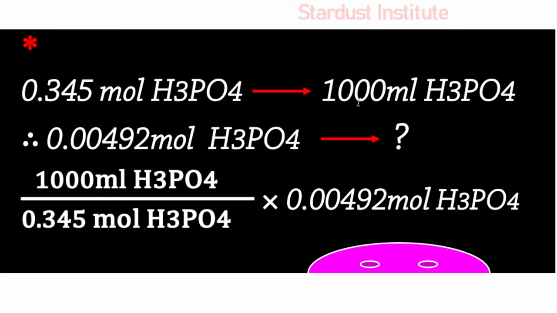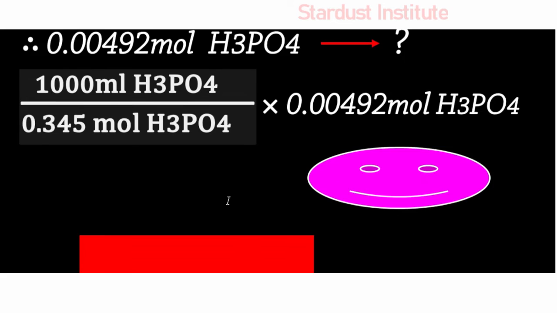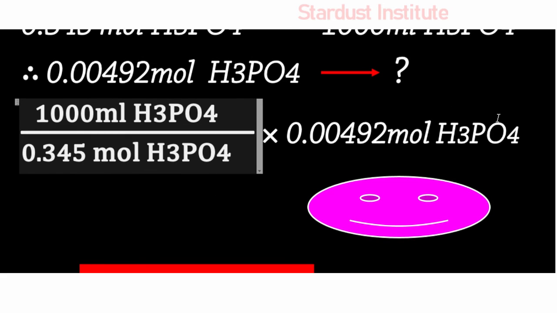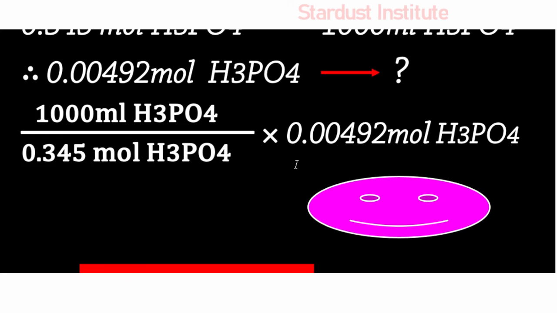We can find the answer in this way. 1000 milliliters phosphoric acid divided by 0.345 moles phosphoric acid multiplied by 0.00492 moles of phosphoric acid.